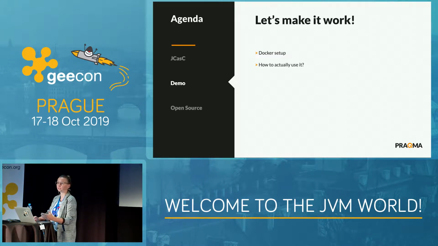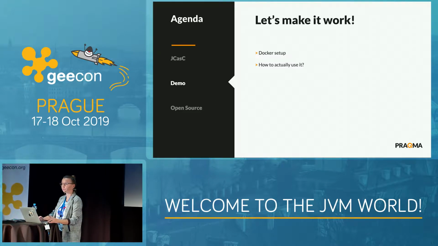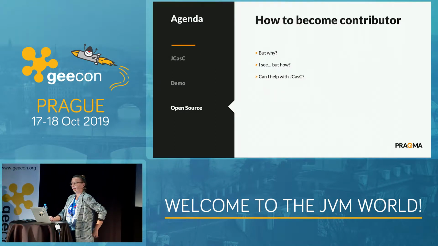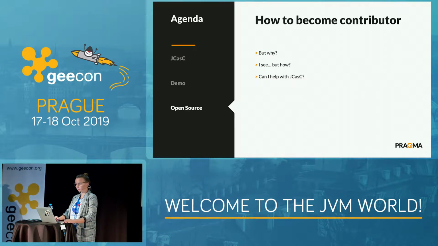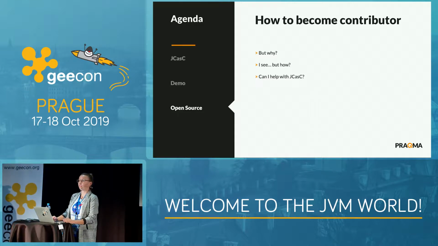You can also use it in traditionally installed Jenkins. And at the end of this presentation, I'd like to spend a few minutes to talk about open source contributing, because Jenkins configuration as code is my first open source project I have joined, and I enjoyed the adventure a lot. So I'd like to encourage those of you who haven't tried yet to maybe try.